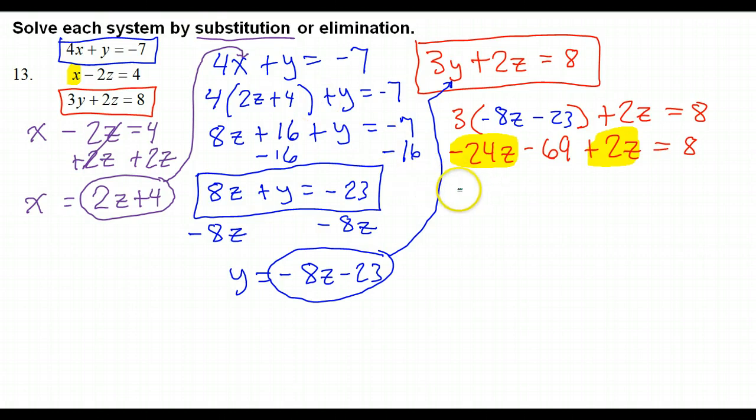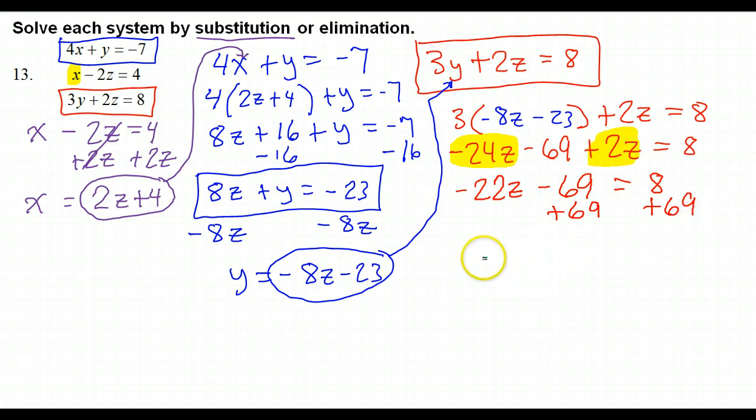So that's going to make negative 22z minus 69 is equal to 8. Then I would add 69 to both sides. So that's going to give me negative 22z is equal to 77. And then it's just time to divide both sides by negative 22.